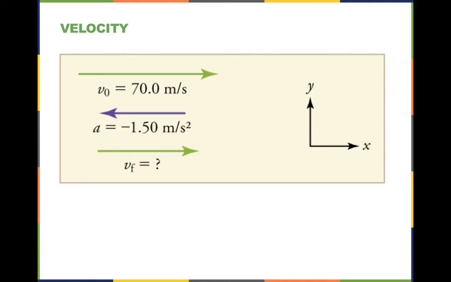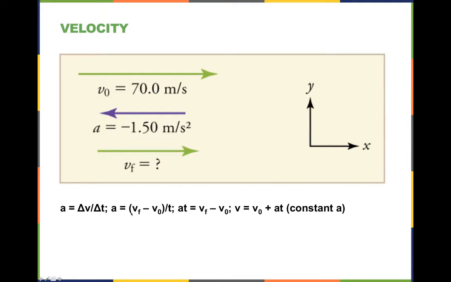So let's look at another situation. Now we're going to be introducing the idea of acceleration. So not only are we doing this, but now we're looking at the effect of acceleration on the initial velocity. So remember that acceleration is equal to the change of velocity over time.